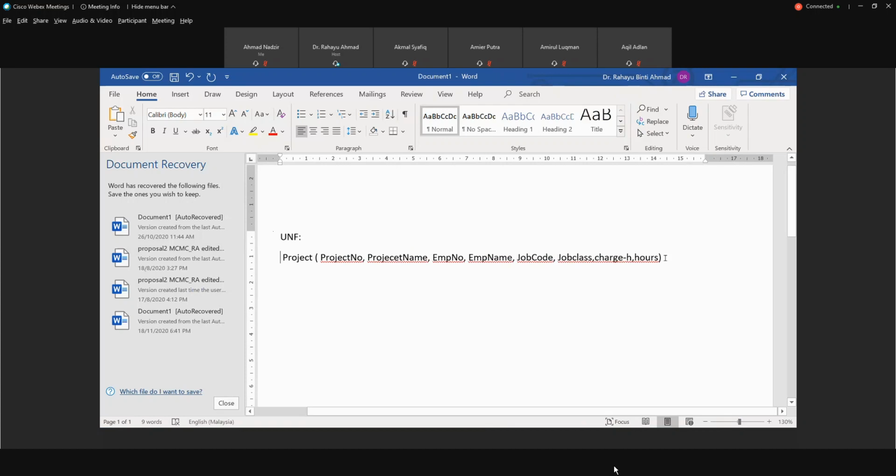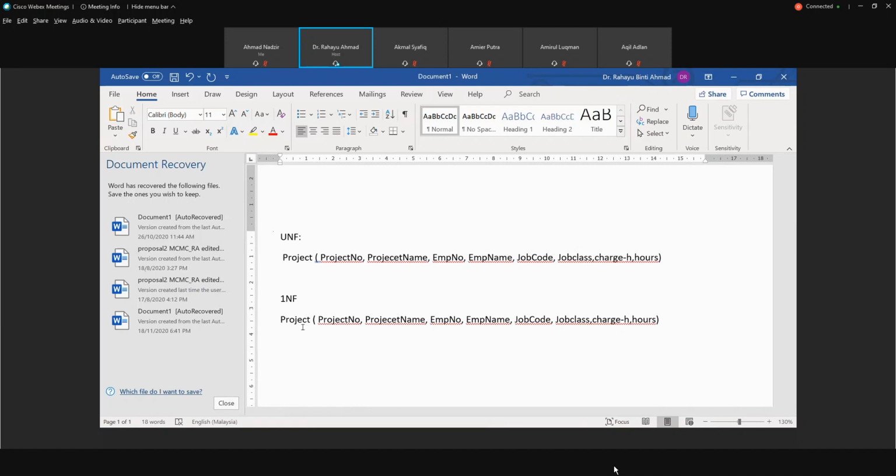Okay, and now you go to first normal form. Okay, first normal form apa you buat? Copy this one. And now you identify which one should be in the inner bracket.